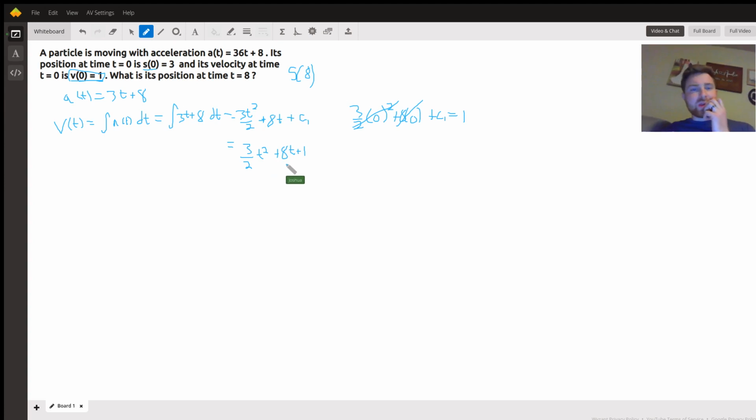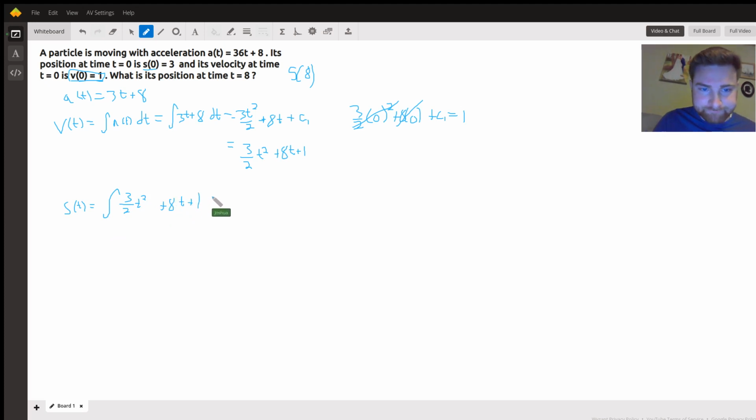Now if we want to find the position, S of t, we have to integrate the velocity. So we're going to integrate 3 halves t squared plus 8t plus 1. Let's see what we get. We get the 3 halves t cubed, and then we divide by 3.